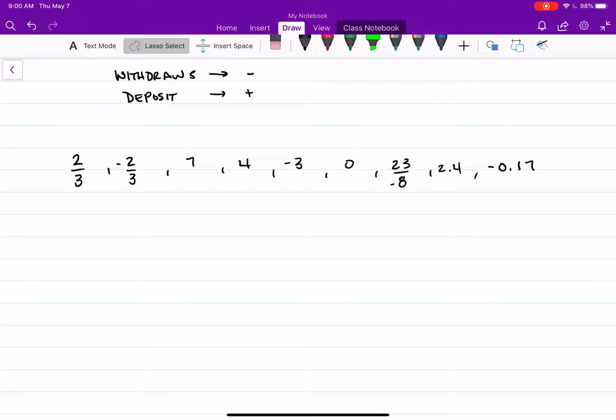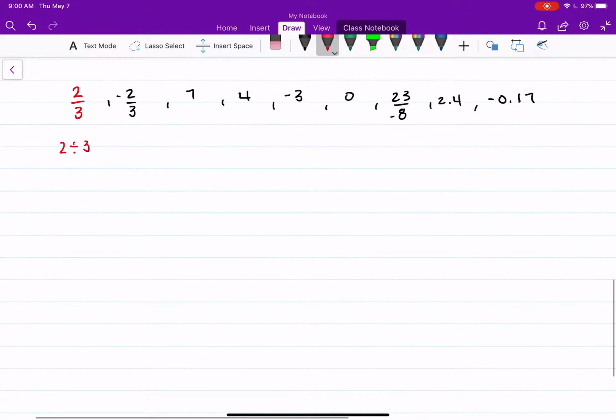All right. So for example, 2/3. Okay. I can make this a decimal by putting into my calculator 2 divided by 3. And I should get a number like 0.67, or you know what? Let's do it this way. Let's say 0.6 repeating.